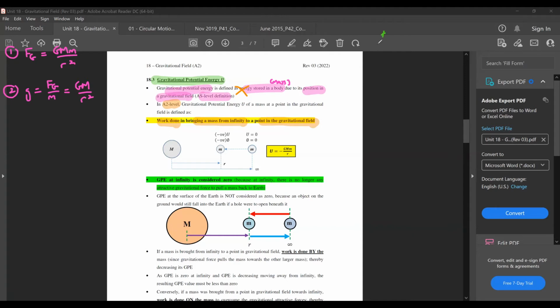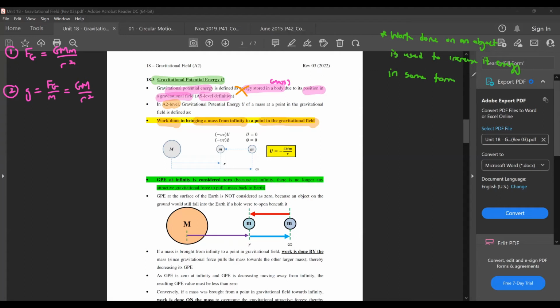In your AS work, energy, power last time, we say that work done on an object is used to increase its energy in some form. Okay, in some form, it can be gravitational potential energy, electric potential energy, elastic potential energy, or any kind of other energies.